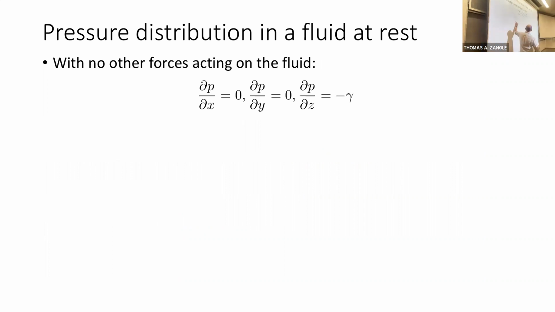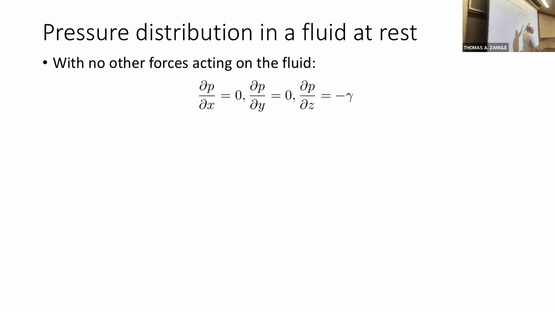In general, we're going to be considering variation in Cartesian coordinates x, y, and z. So we have dP/dz is minus gamma, but in the fluid static condition, we would have no variation in pressure in x and y, so dP/dx is equal to 0 and dP/dy is equal to 0. So what this means is that if we want to know the distribution of pressure within a single fluid, we can integrate this.